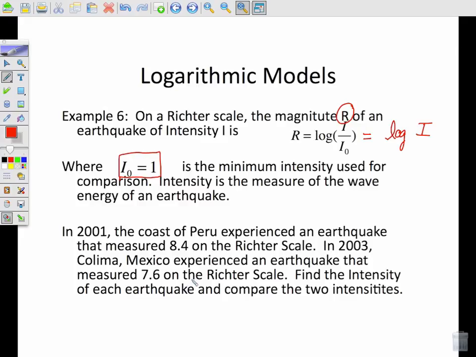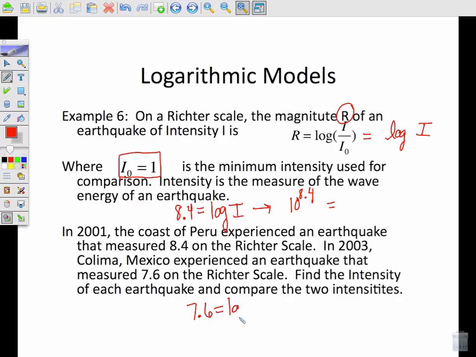So it says in 2001, coast of Peru experienced an earthquake that measured 8.4 on the Richter scale. In 2003, Colima, Mexico experienced a 7.6 on the Richter scale. Find the intensity of each earthquake and compare them. Well, the intensity of Peru would be 8.4 equals log of I. So we can transform that into 10 to the 8.4.